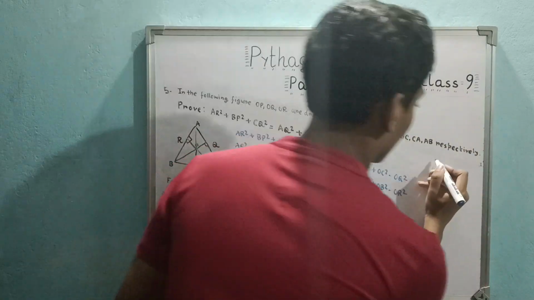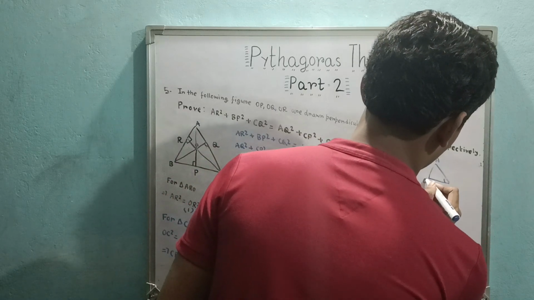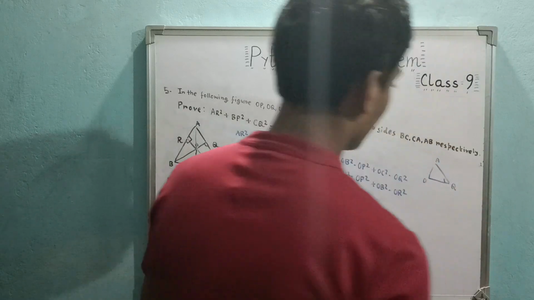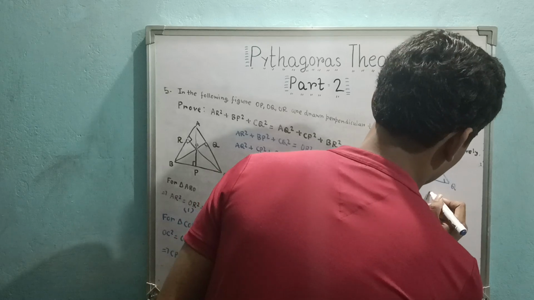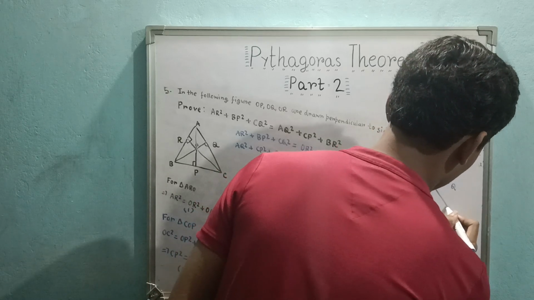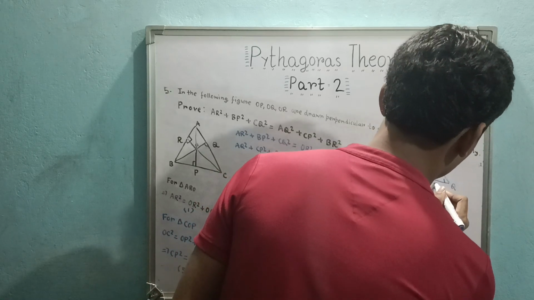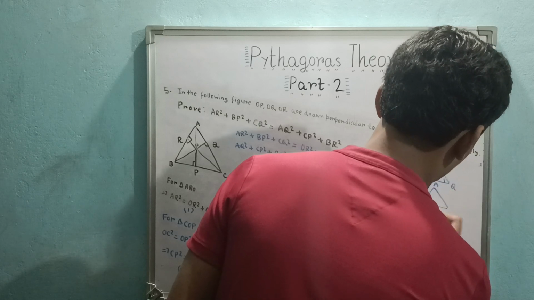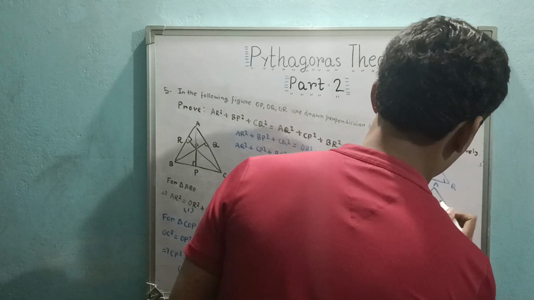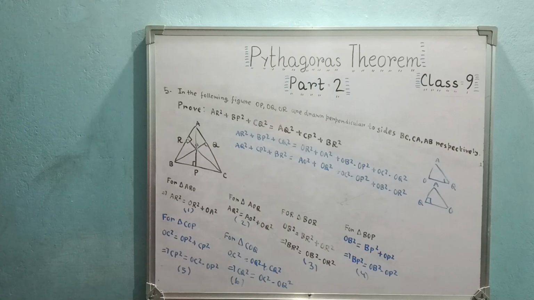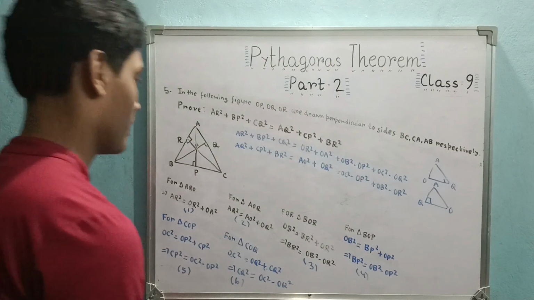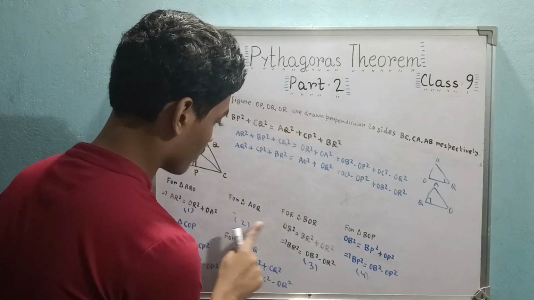This AOQ. So if I just get the right angle to that side and change the triangle, it becomes AQO. So AO is the hypotenuse. So here we will have some correction.